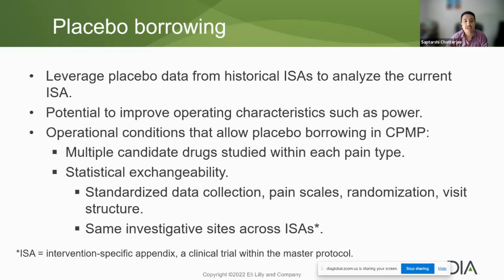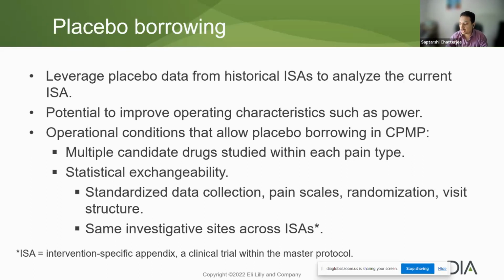Now, that can also aid the exchangeability of the statistical consideration. That means there is no a priori ranking in the patient population that we know across these different assets, if this population is very much generic. So in the statistical exchangeability, we have this standardized data collection, we have the pain scales, we have the similar randomization. So that means that the patient's expectation is also quite similar, as well as the disease structures are the same.